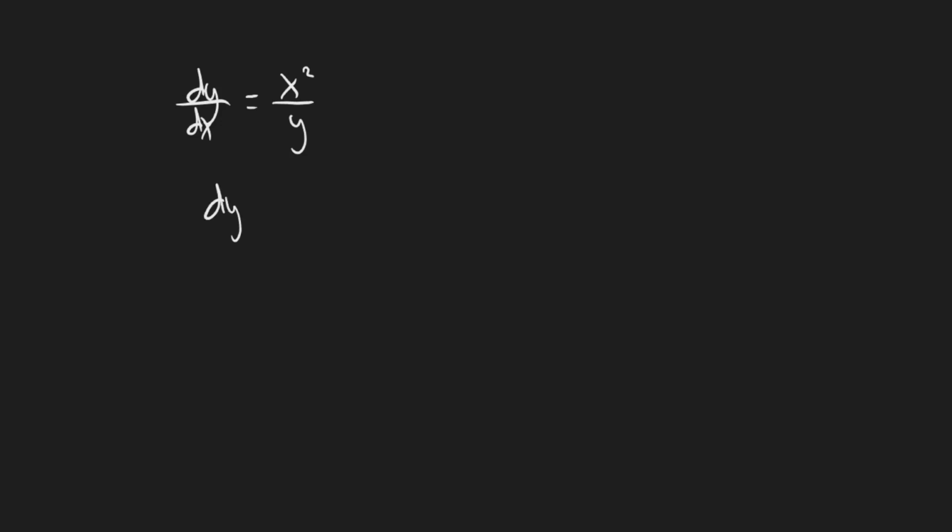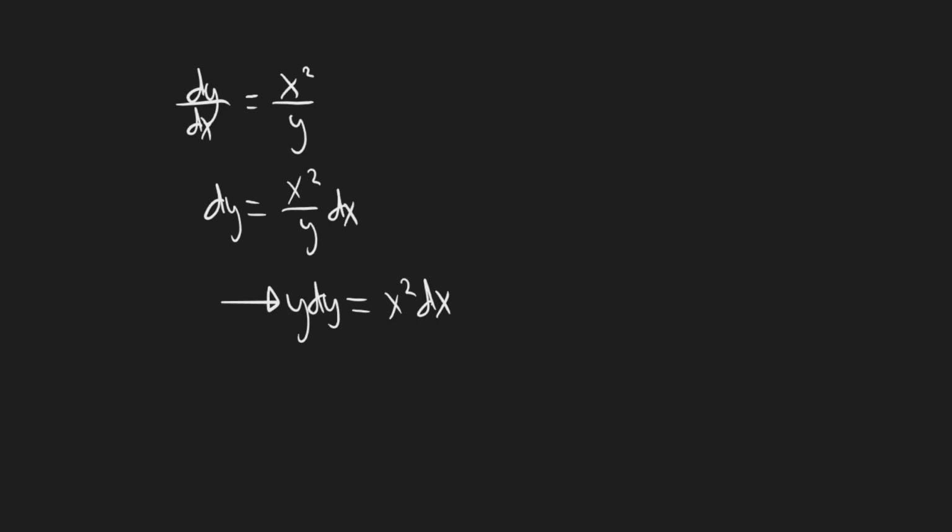So that's going to leave us with dy equals x squared over y dx. And then we'll multiply both sides of the equation by y. So this actually turns into y dy equals x squared dx, like that. And so now it's a little bit more obvious that this is separable, right? Everything involving y is on one side and everything involving x is on another.